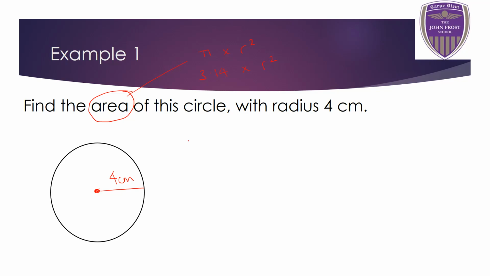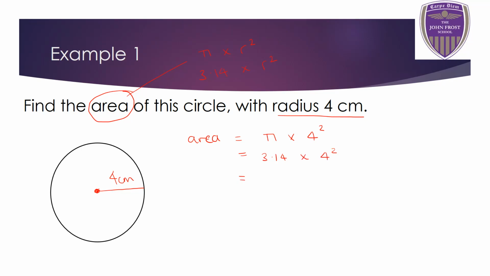For this question, we're going to do area equals pi times the radius. It tells you in the question anyway, but it also shows you in the diagram that I've added to. The radius is 4. So it's pi times 4 squared, which in this case is 3.14 times 4 squared.